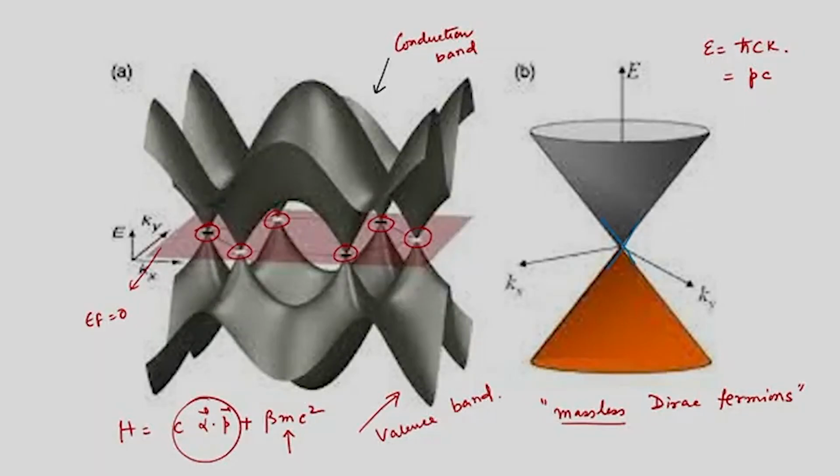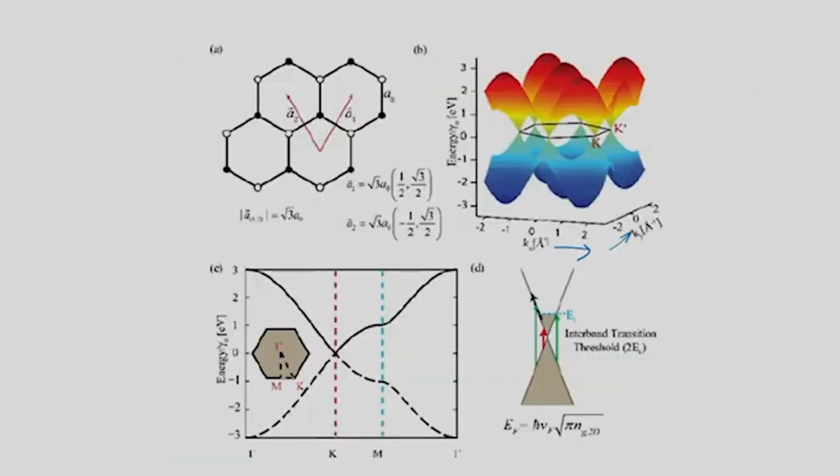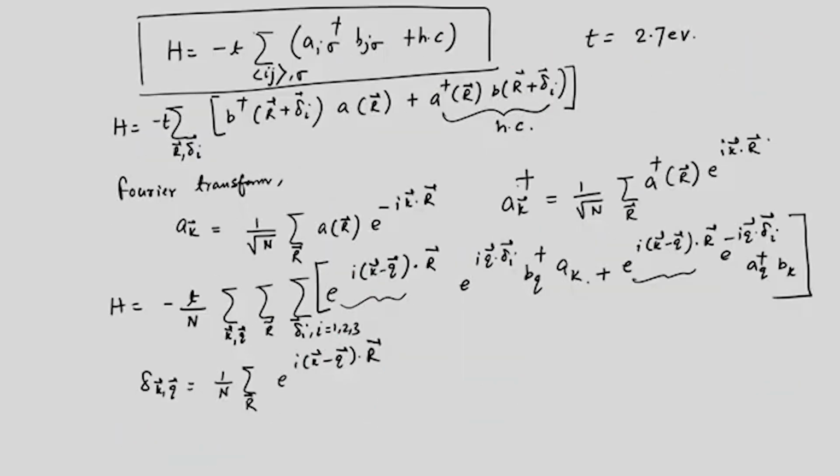The fermionic velocity is typically about 3 orders of magnitude lower. So they are called pseudo Dirac fermions or pseudo relativistic fermions.